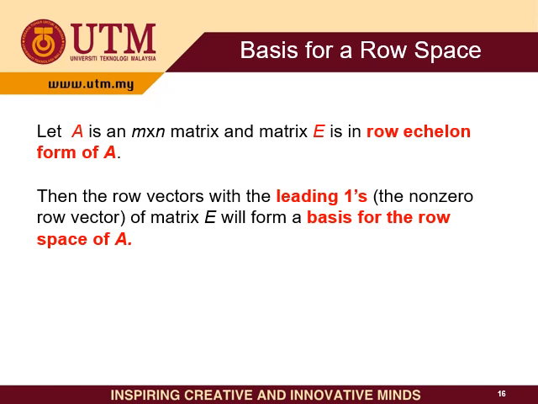Let A here be an m by n matrix, and matrix E is the row echelon form of A. So we have matrix A, and we change it to matrix E, which is in row echelon form, using Gaussian elimination.